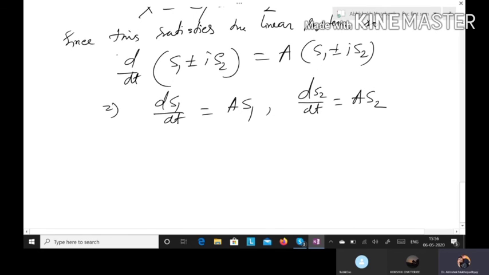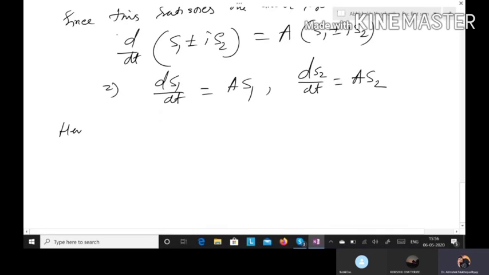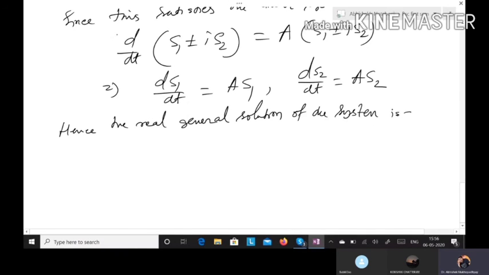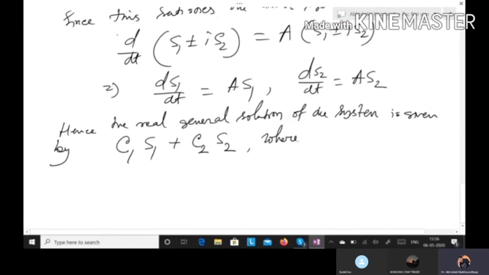So hence the real general solution of the system is given by C1 S1 plus C2 S2, where C1, C2 are arbitrary constants.